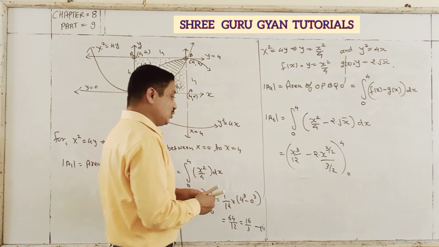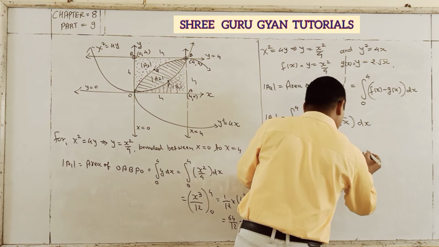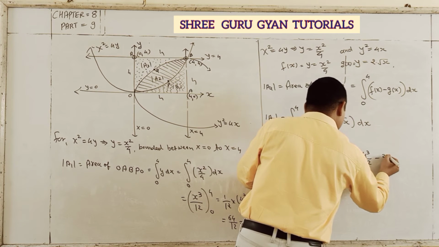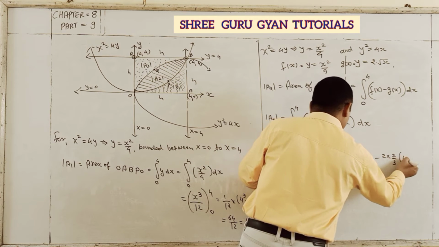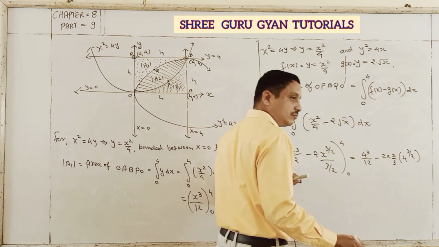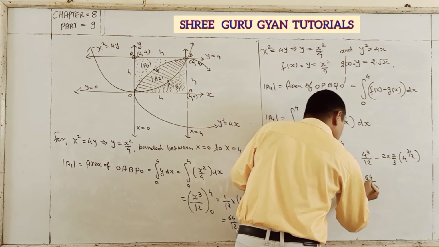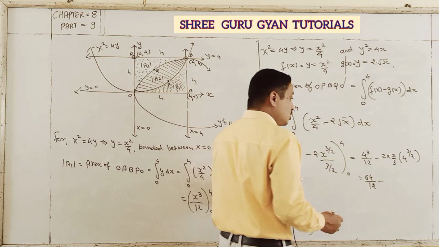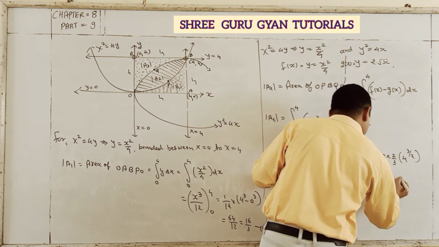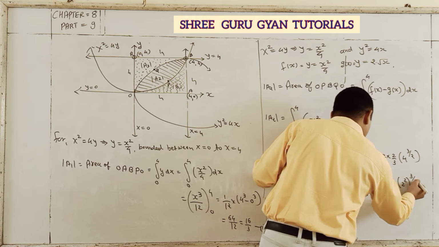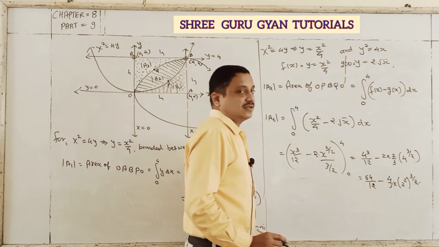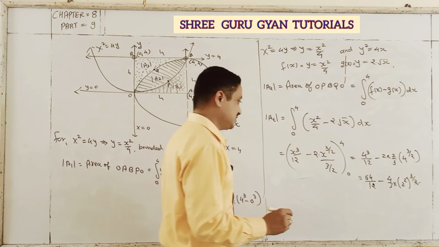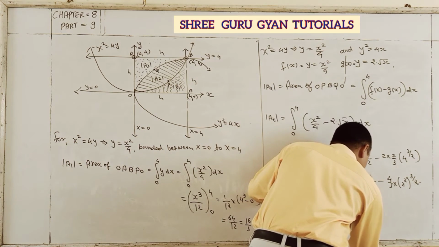So finally you calculate here 4 cube by 12 minus 2 by 3 and 4 is to 3 by 2, 64 by 12. And here 4 by 3, but we know 2 square, 3 by 2, 2 to cancel, and final calculations. Your answer 64 by 12.